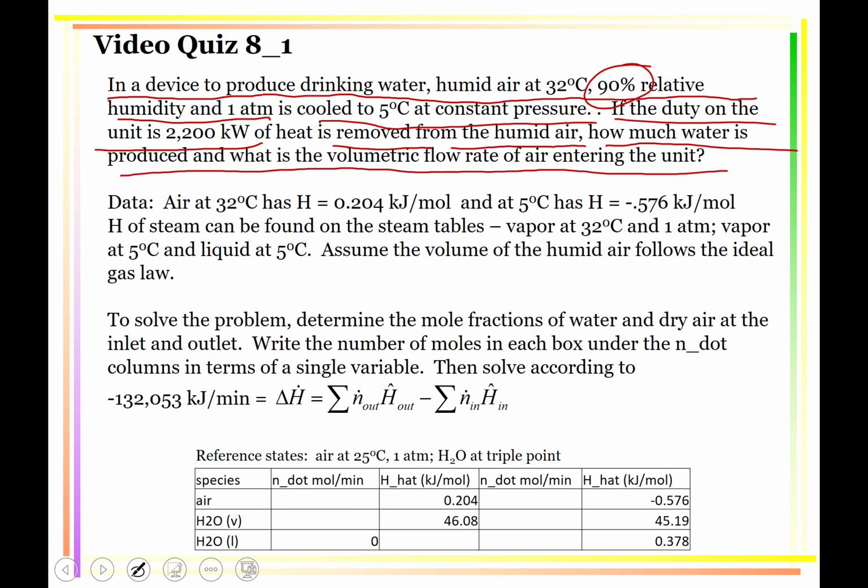I will point out that this is a simultaneous material and energy balance. You have to do both to find the flow rates. Once you find the flow rate of water produced, you can calculate the amount of air entering, and then you can use the ideal gas law to find the volumetric flow rate.